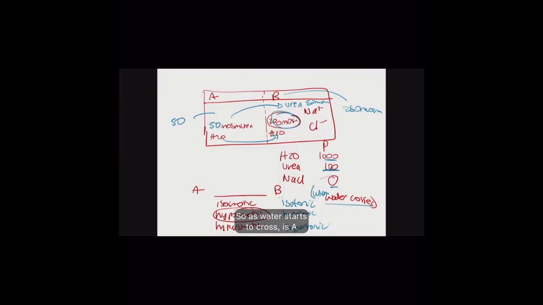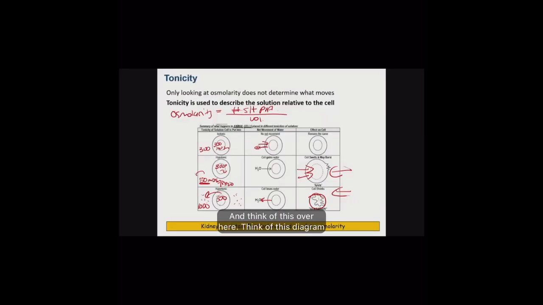So as water starts to cross, is A isotonic, hypotonic, or hypertonic to B? And think of this diagram right here. Is water moving into B, out of B?